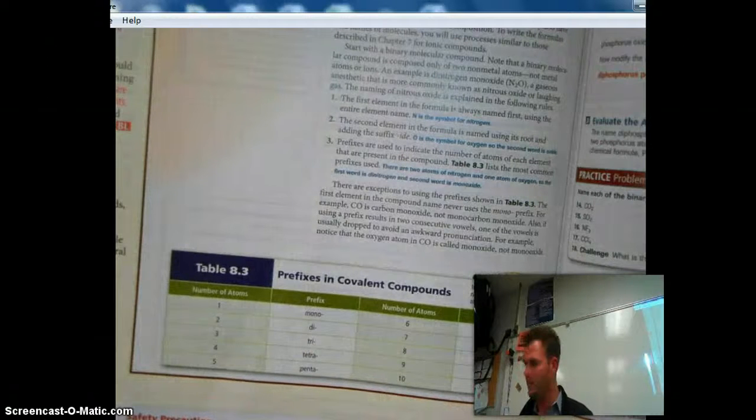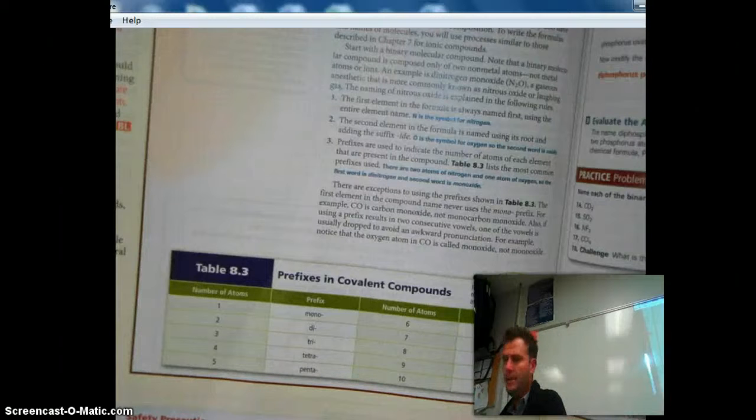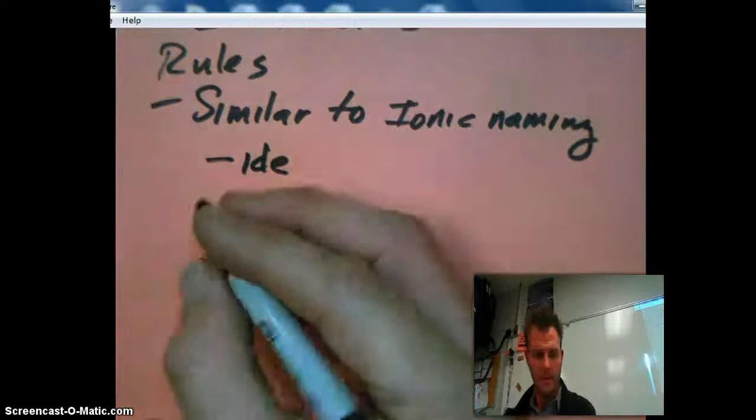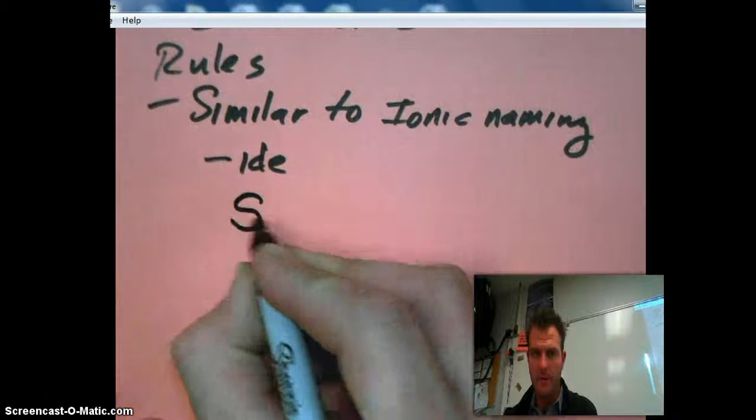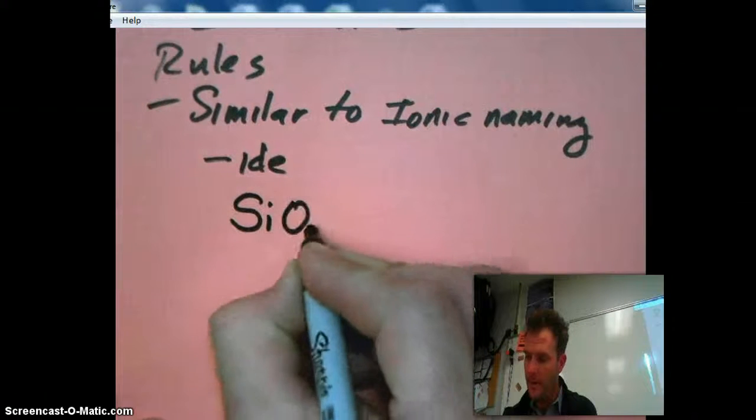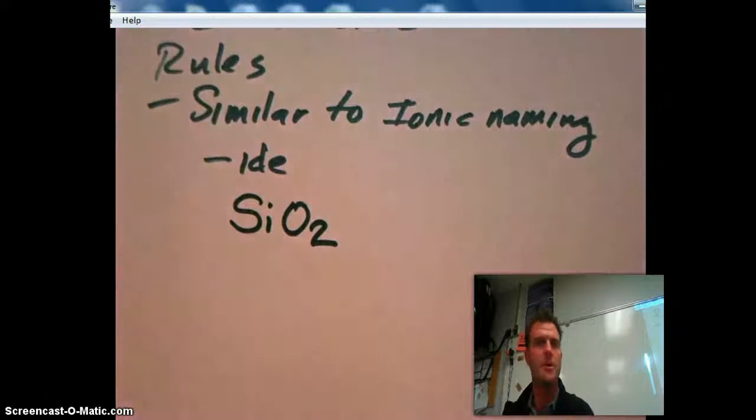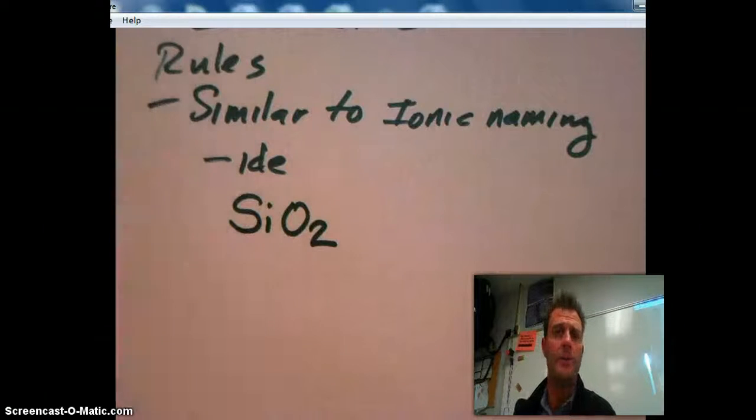So if you get a compound that says SiO2, the first thing you need to do when looking at something like this is ask, how is this going to differ from ionic bonding?